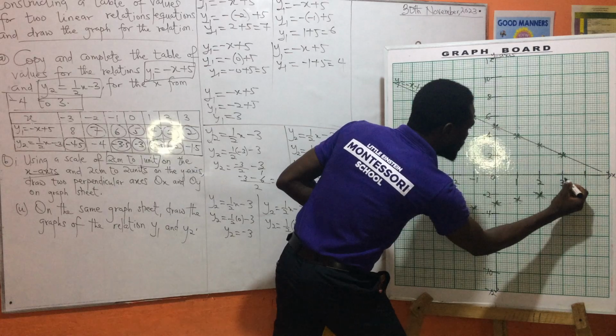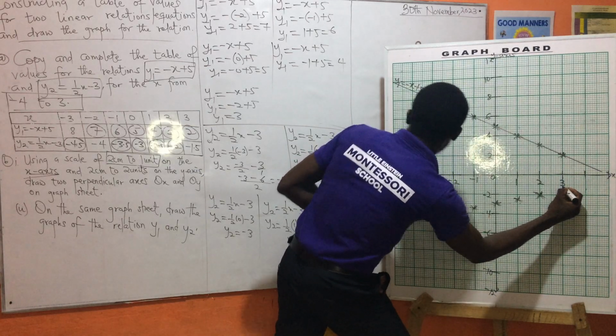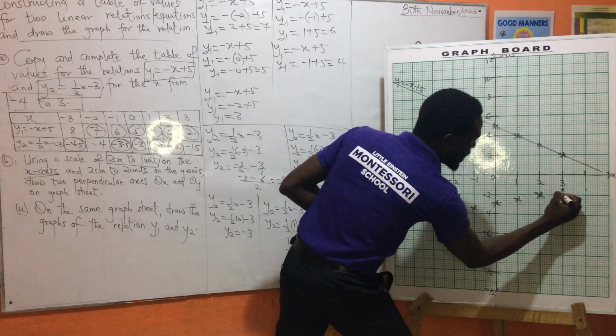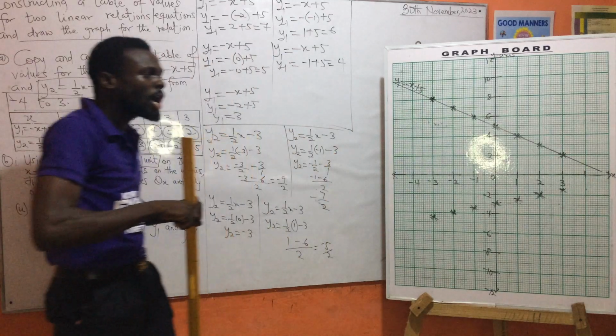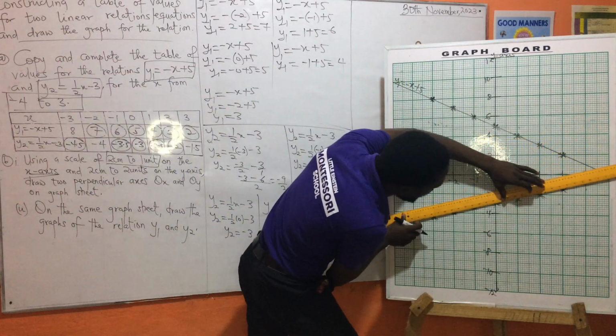It's 3 here. So it's going to be 1.2, 1.4. So here. Good. So because it is also a line graph, we join the points.